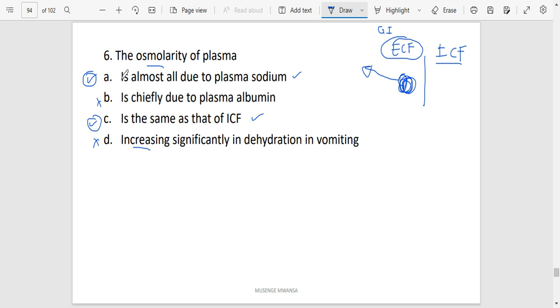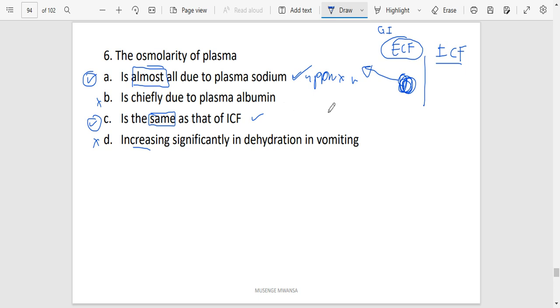So the plasma osmolarity is, yes, almost all due to sodium, but not necessarily everything. It is approximately 80 to 90% making up the plasma osmolarity. And the word used here is almost, meaning that it is not everything, so I can qualify this answer. Now, plasma osmolarity being the same might not necessarily be exact, because there's going to be a little difference.